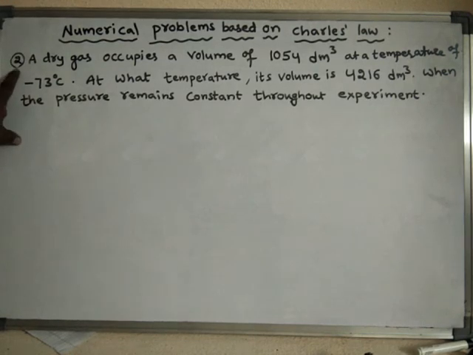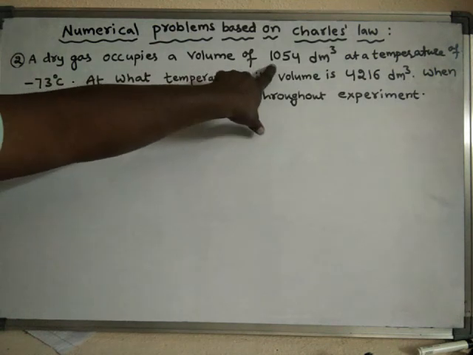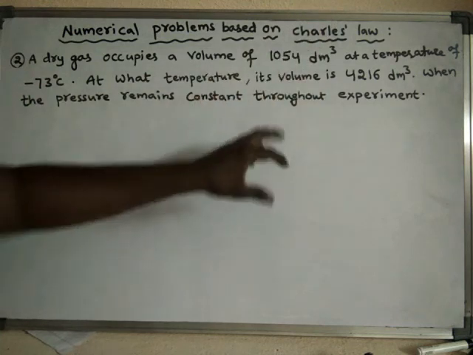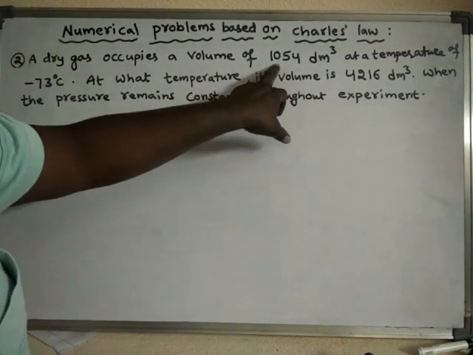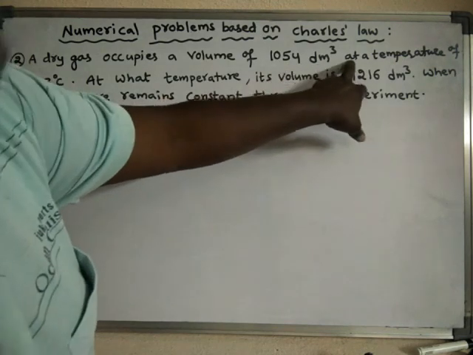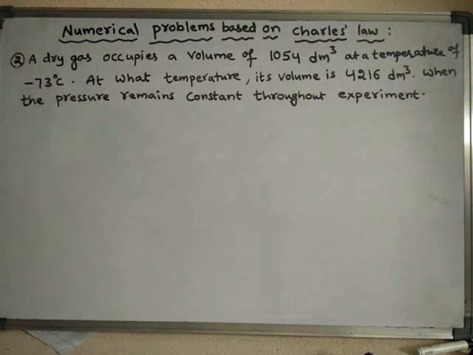Now the second problem will be like this: a dry gas occupies a volume of 1054 decimeter cube. Decimeter cube means liters. So the volume of gas is 1054 liters at a temperature of minus 73 degrees centigrade.